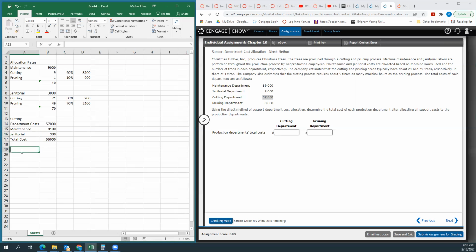And then the pruning department will have department costs of 8,000, maintenance costs of 900, and janitorial costs of 2,100.